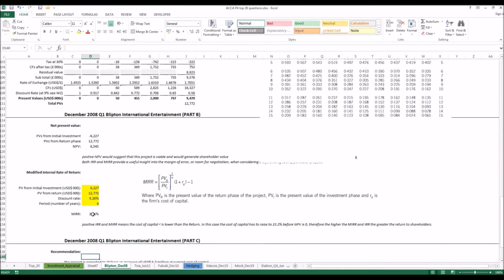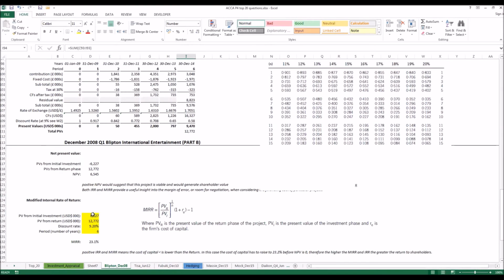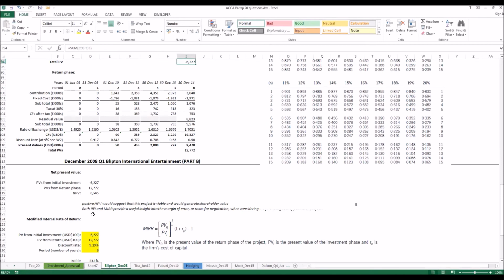Now, modified internal rate of return is calculated by taking the present value from the initial investment phase, which was minus 6.2 million US dollars, and the present value from the return phase, which is 12 million, the sum of all those present values. And you have the discount rate as well.